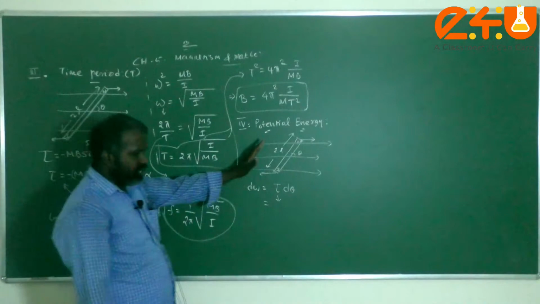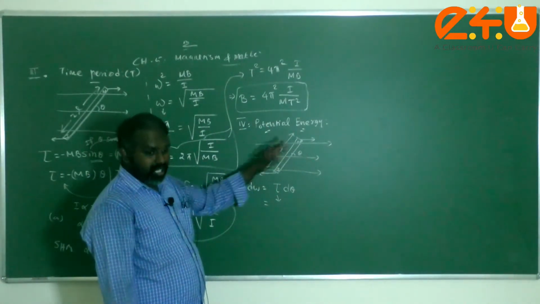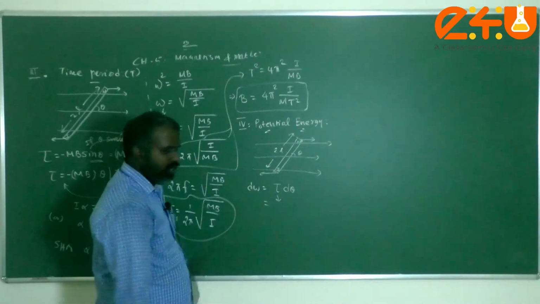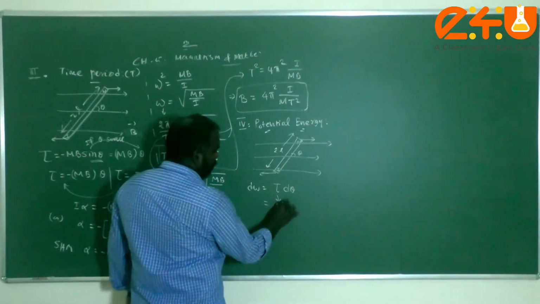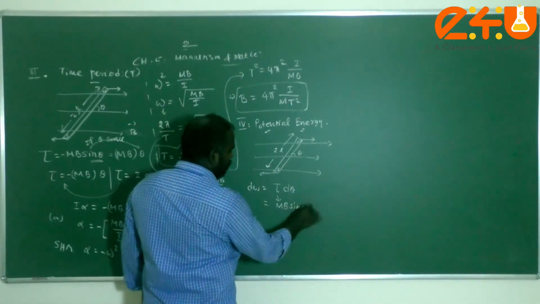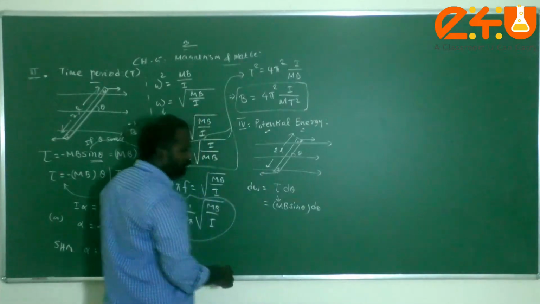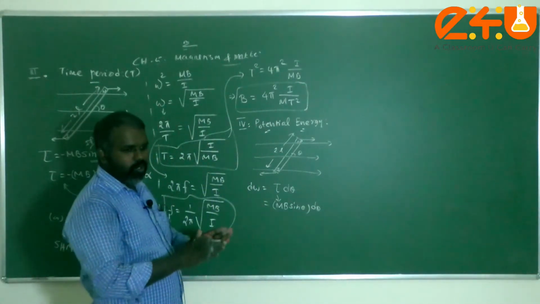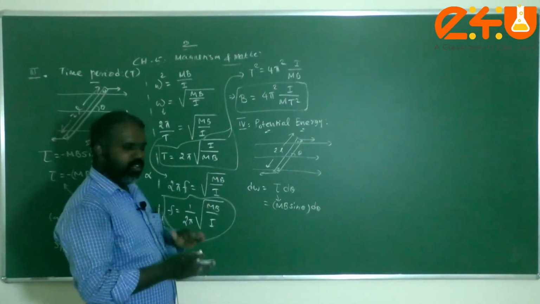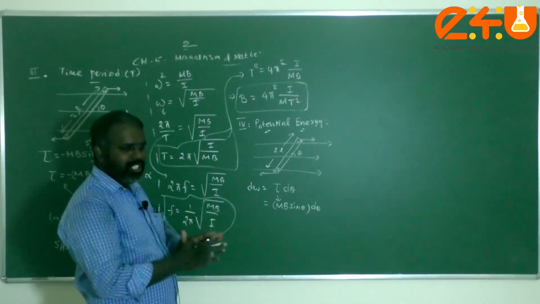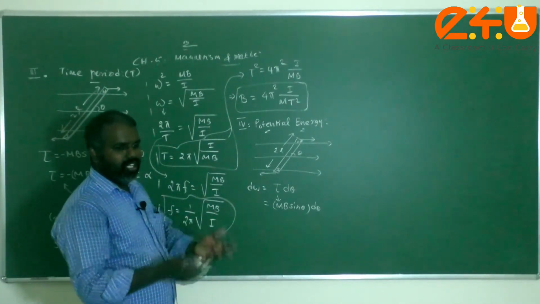But here we are considering the external work done to rotate the magnet. So the torque is given by MB sin theta into d theta. What is the total work done to rotate the bar magnet or magnetic dipole from an initial angle theta initial to a final angle theta final?